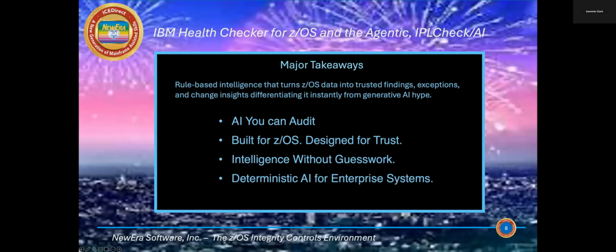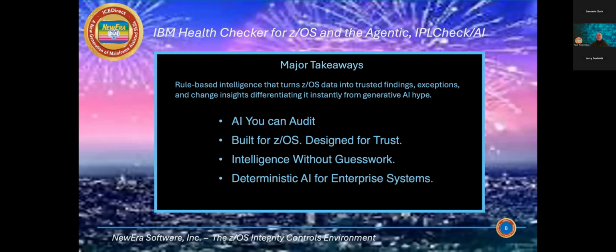So here are some of the takeaways from this particular presentation. This is rule-based intelligence that you can use as trusted data to better understand your z/OS environment. It's done instantly and differentiates the systems in ways that give you true insight into what is going on.